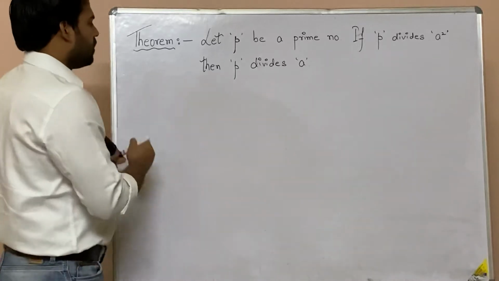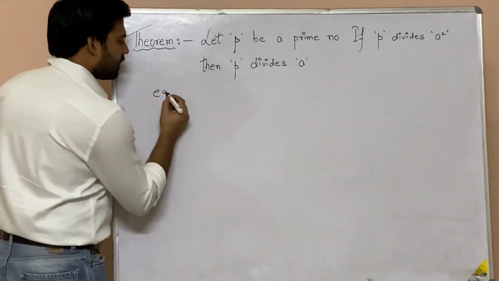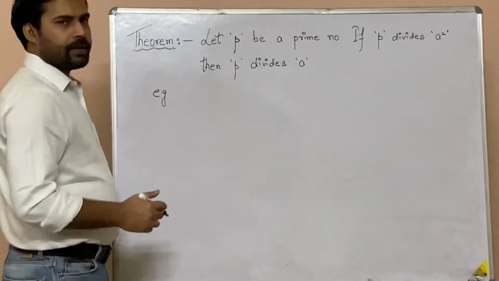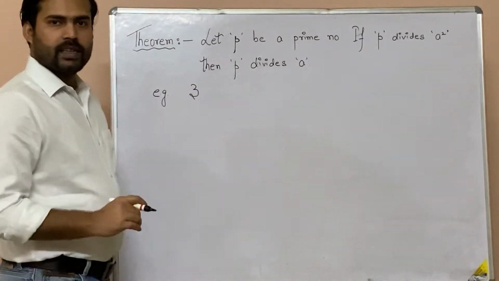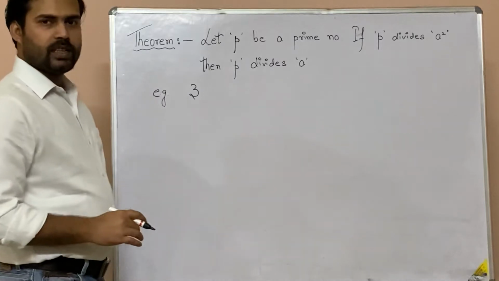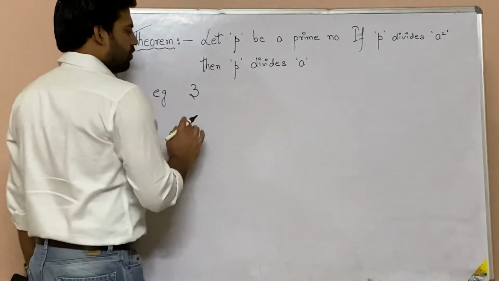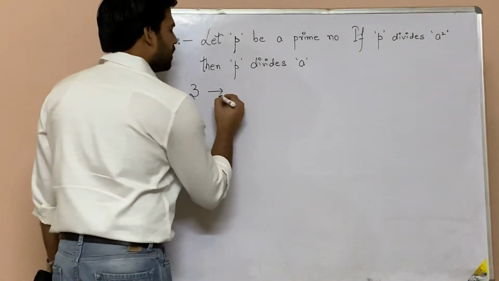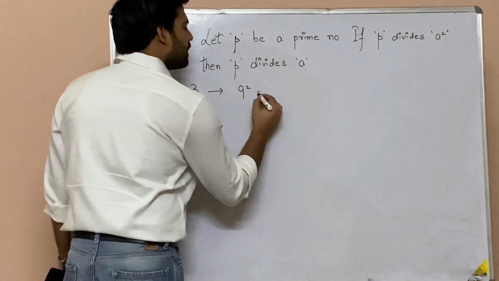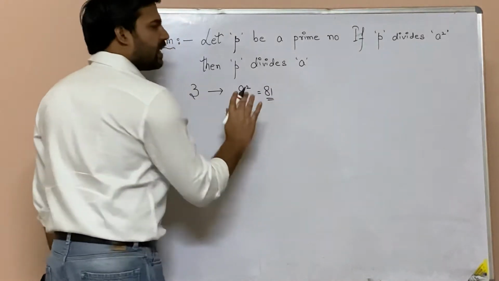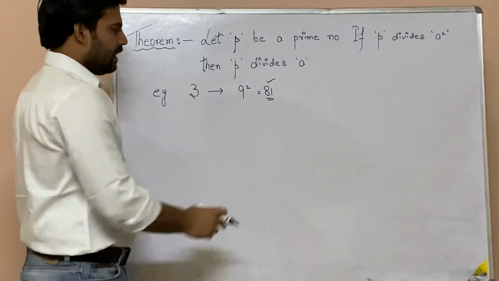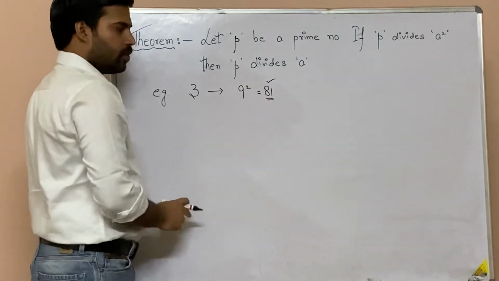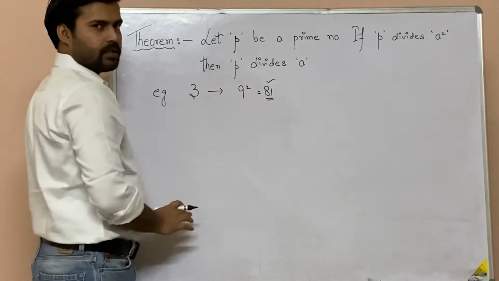Suppose, for example, we take one prime number, say 3. Suppose 3 divides 9 square, that is 81. So you can say, okay, 3 divides 81 and 81 is nothing but 9 square. So 3 is dividing 9 square.